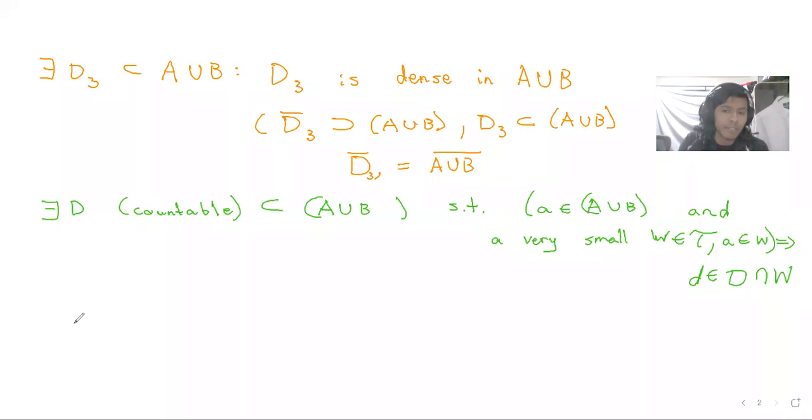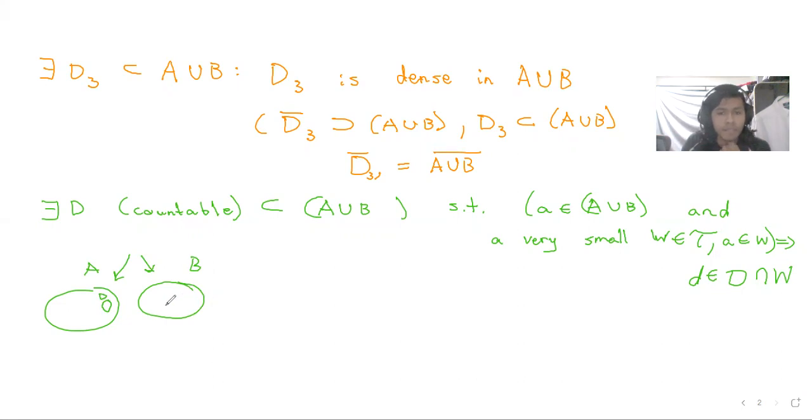And this is as far as I believe I understand, because we have A union B, they may or may not be disjoint, and there will be a D that's countable because they're both countable, so D would be there.